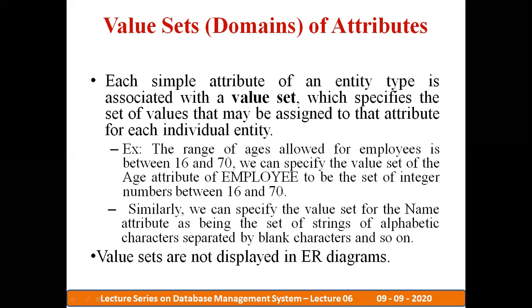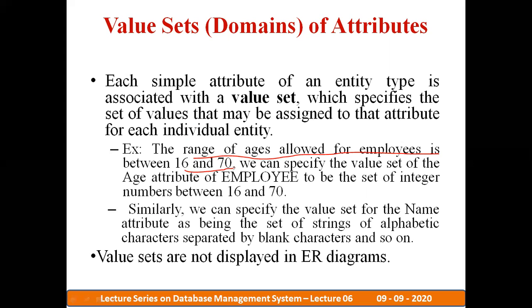The next one is value sets, or domain of attributes. Each simple attribute of an entity type is associated with a value set, which specifies the set of values that may be assigned to that attribute for each individual entity. For example, the range of ages allowed for employees is between 16 and 70.